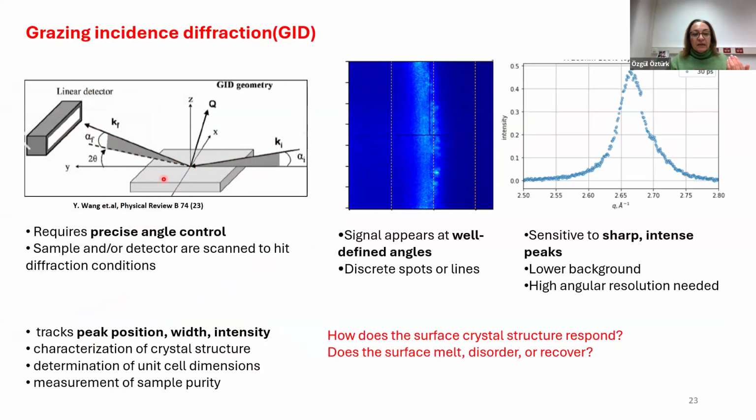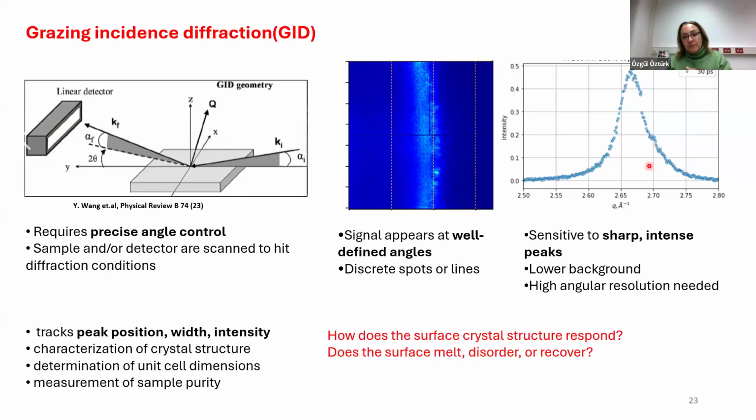So sample and detector are scanned to hit diffraction conditions. The signal appears on the detector at well-defined angles, not at every angle. So you can have discrete spots or lines depending on your sample.